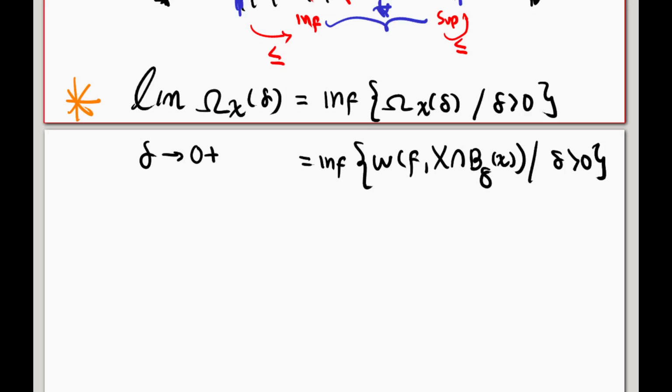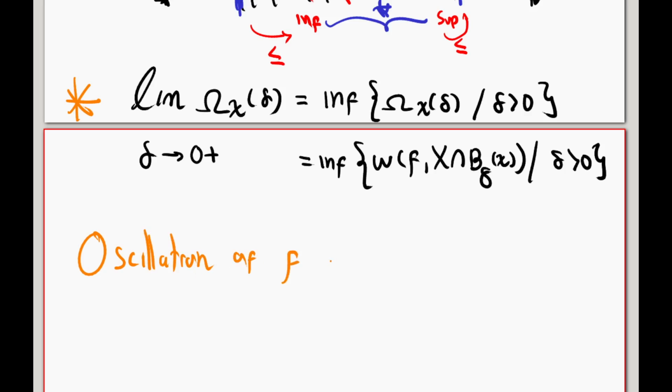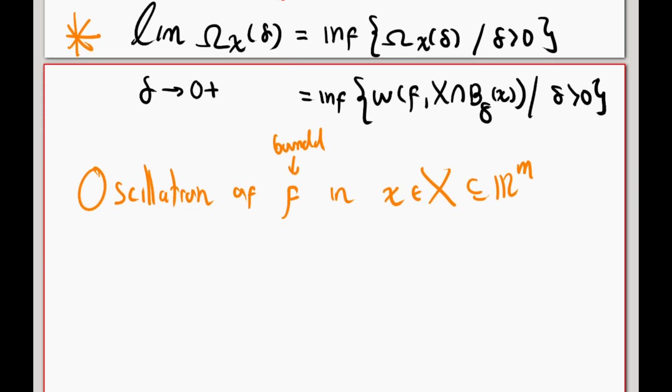All right, so we can then define the punctual oscillation. Let me write it here. The oscillation of the function f at a point. So given that this function is bounded, how will we define that punctual oscillation?